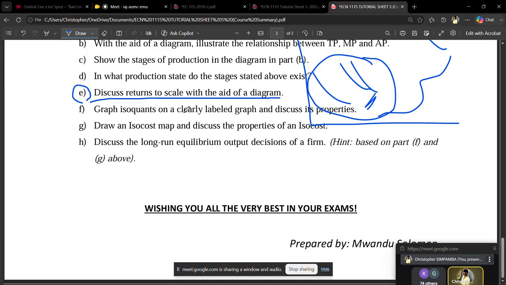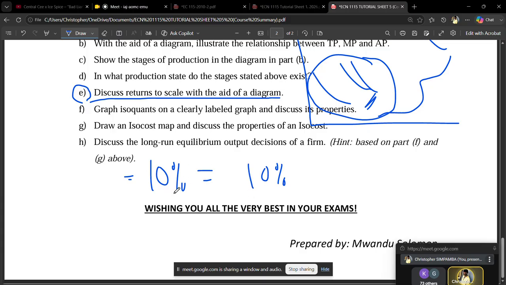So the first one is increasing returns to scale. When we increase the inputs by, let's say, 10%, and then the output comes out by, let's say, 20%, you find that there's an increase from 10% to 20%. And then constant returns is where we increase the inputs by 10%, and the output comes out by 10%.